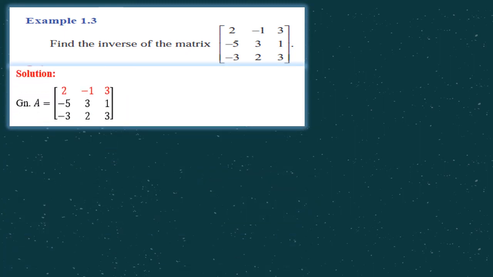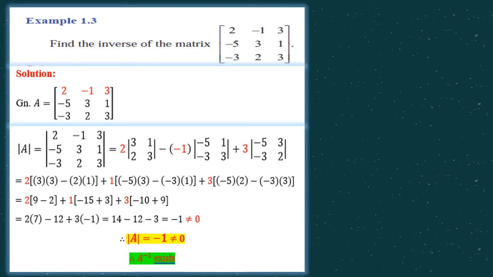Given matrix A, here again remember the formula: A inverse equal to 1 by determinant A into adj A. I hope you remember the steps we need to follow for finding determinant A and adj A. You know adj A equal to the transpose of the cofactor matrix, and I get the determinant value by expanding by the first row. So this is the determinant A value. We are getting determinant A as minus 1, which is a non-zero value. So we confirm that A inverse exists.